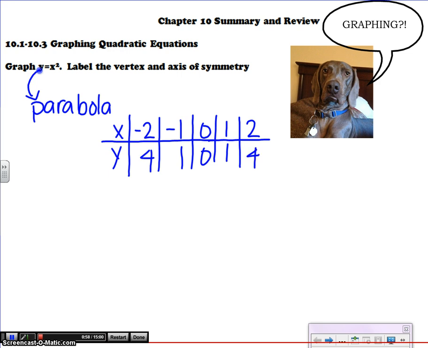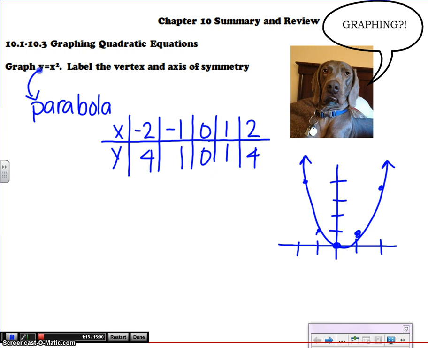Then we can go ahead and make ourselves a sketch. And we can just plot our ordered pairs. And then we can connect. And remember, our U-shaped graph is called our parabola.